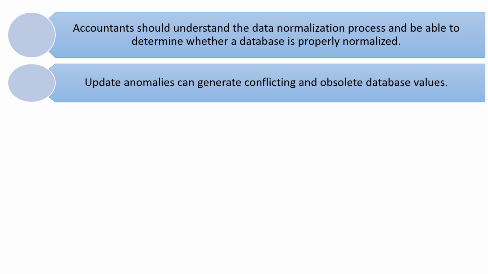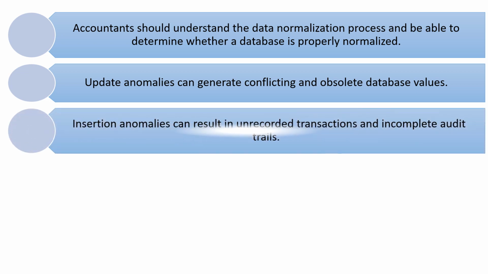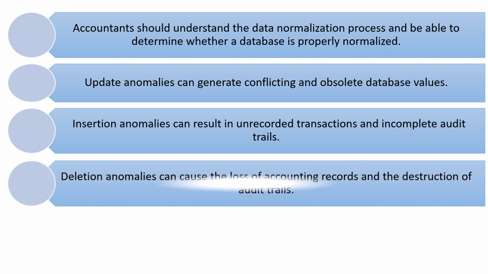The accountant should understand that insertion anomalies can result in unrecorded transactions and incomplete audit trails. And deletion anomalies can cause the loss of accounting records and the destruction of audit trails as well.